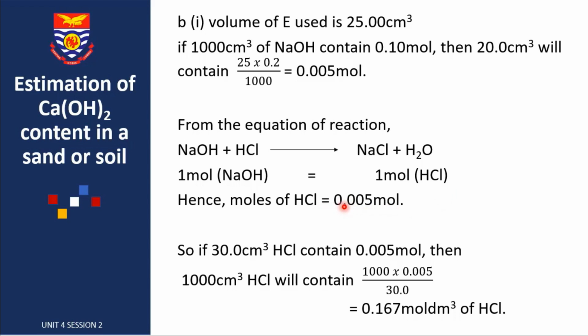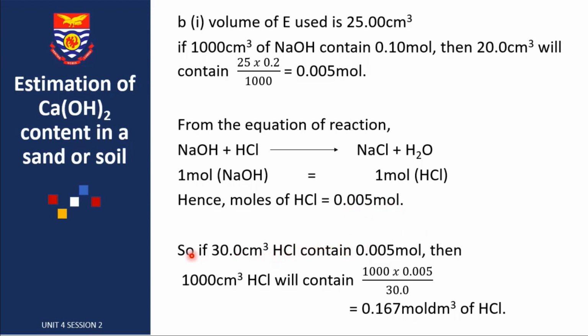But remember, it was a certain volume. It was the average volume, the 30 cubic centimeters that was given. That was the volume that reacted with the 20 cubic centimeters of the sodium hydroxide. So this 0.005 is contained in just 30 cubic centimeters.